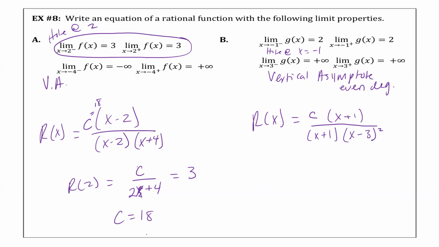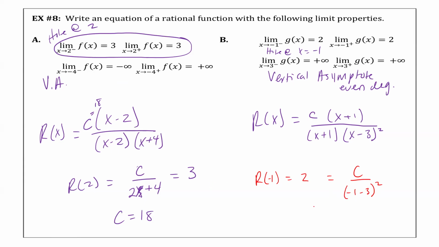Okay, so now we've got to find the value of our c. To find the value of c, we use the modified function once we eliminate. So we know that when r of -1 equals 2, it's c over -1 minus 3 squared. Notice I didn't use the x plus 1 because those are the hole values, so they are eliminated.